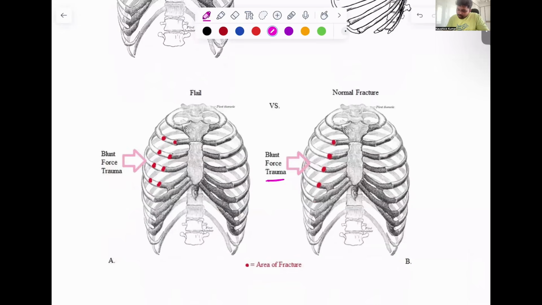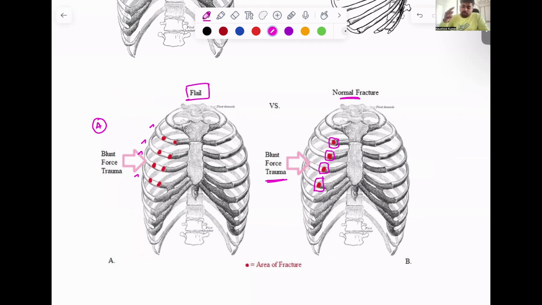So patient suffered a blunt force trauma. In the normal rib fracture, you can see the fracture site is only at one place. Whereas if you want to term the rib fracture as flail chest, you need to have fractures at three different ribs. Fracture is present here, here, here.